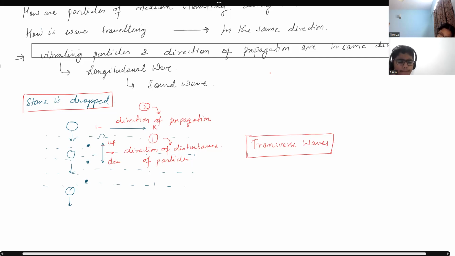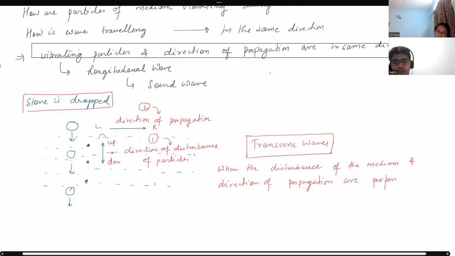Yes. So, how you define transverse waves: when the disturbance of the medium and the direction of propagation are perpendicular to each other, then such a wave is called a transverse wave.